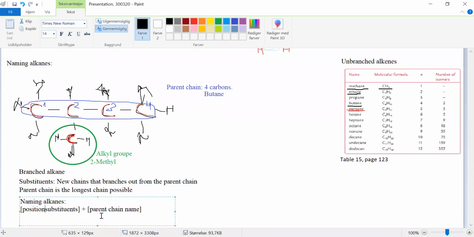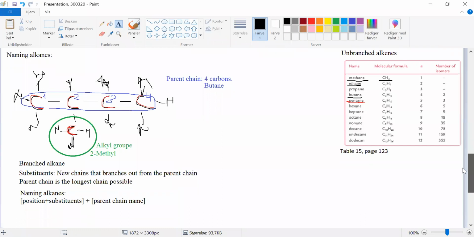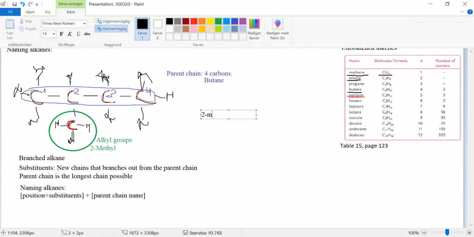And you have to tell where the substituents are placed in the structure. So the name for this example up here will be 2-methylbutane.